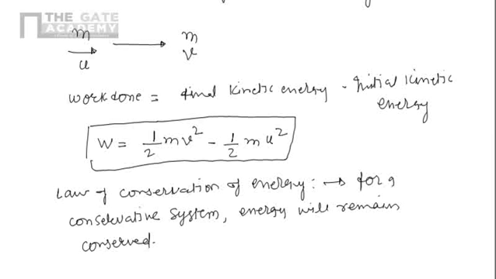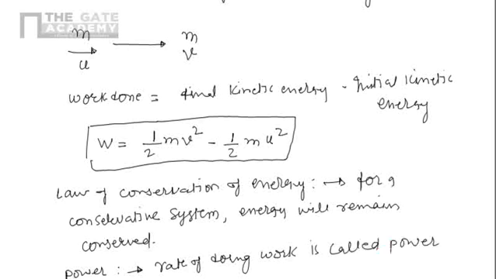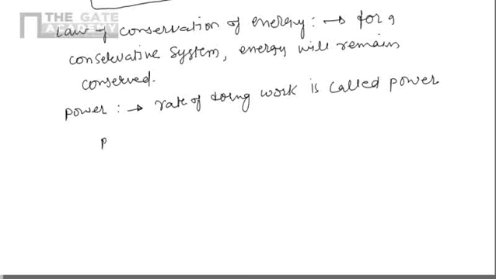Now let's talk about the last terminology, that is power. Power is nothing but the rate of doing work. Mathematically, power, denoted by P, is work done divided by time, that is work by time, which is the rate of doing work.